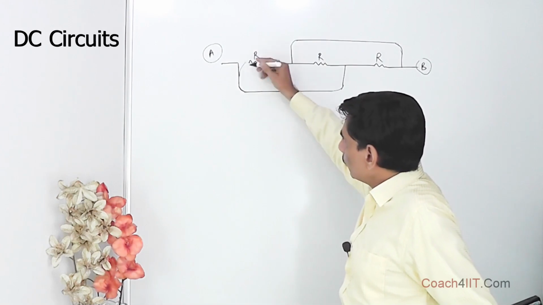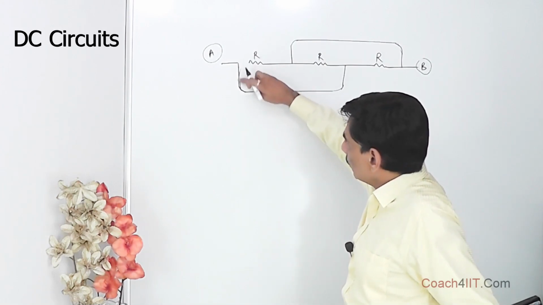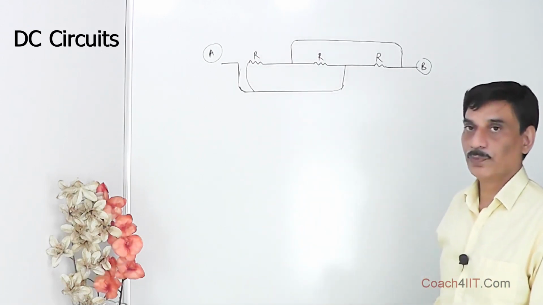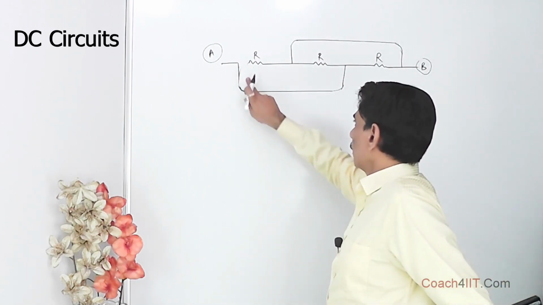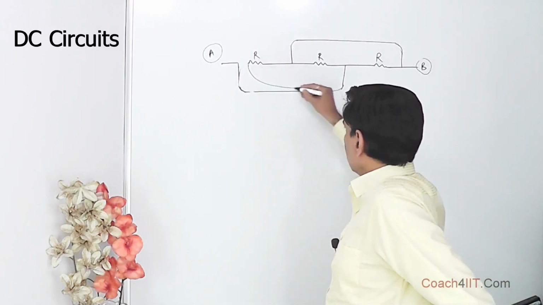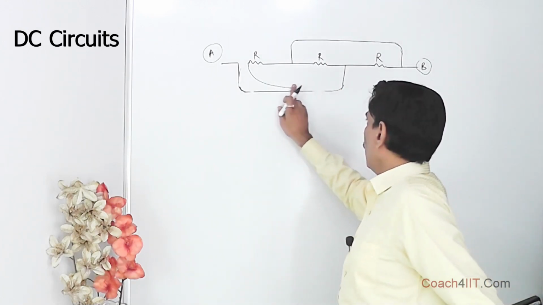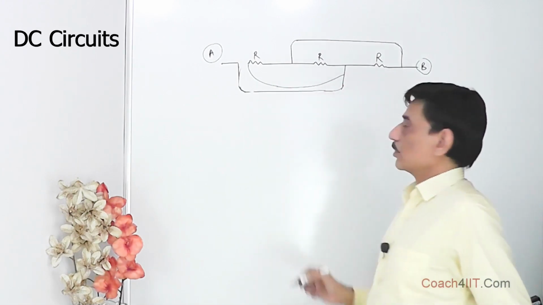Or you can connect to this point, it is one and the same thing. We have not done any changes. Or you can also connect it over here, still there is no change.